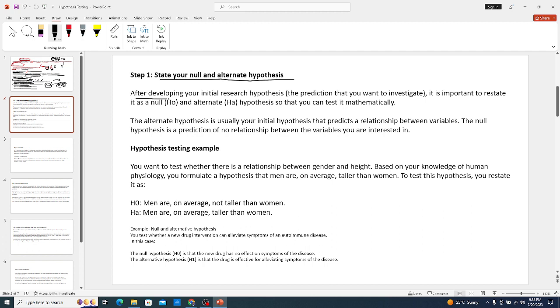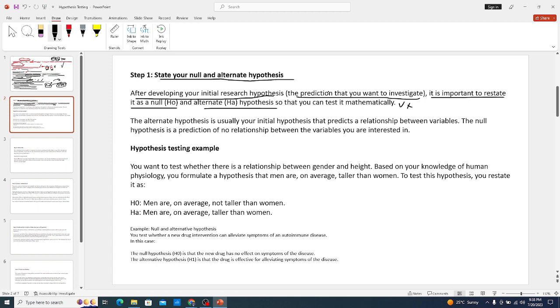After developing your initial research hypothesis, that is the prediction that you want to investigate, it is important to restate it as a null hypothesis and an alternate hypothesis, so that you can test it mathematically, because the null and alternative hypotheses are generally statements.